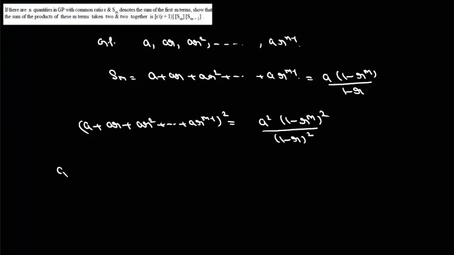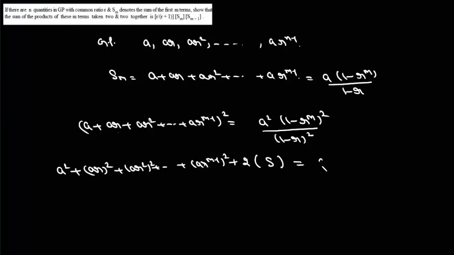Now we can write this as a square plus (ar) whole square, (ar square) whole square, plus (ar to the power m minus 1) square plus 2 times, then it will be ab, ac, ad, bc, cd. That is, it will be the sum of product of these m terms taken 2 at a time, which is what we need to find in this question. Let us say this is the required sum S, and this is equal to a square into (1 minus r to the power m) whole square upon (1 minus r) square.